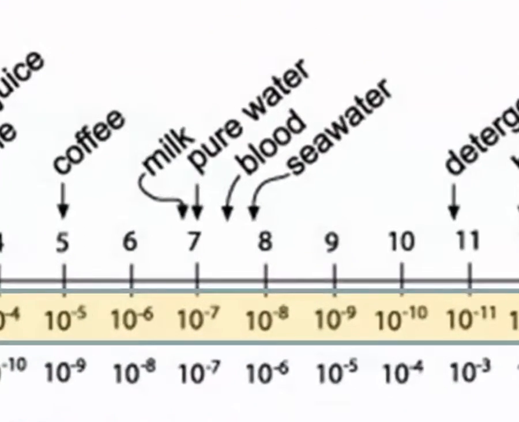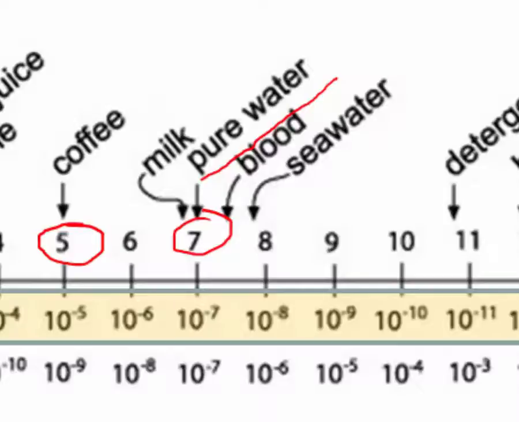So for example, pure water has a pH of about 7. Coffee has a pH of 5.